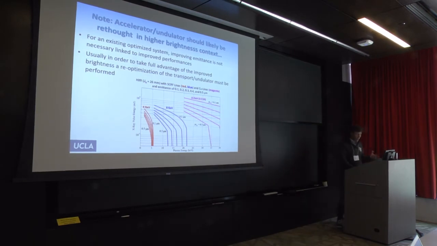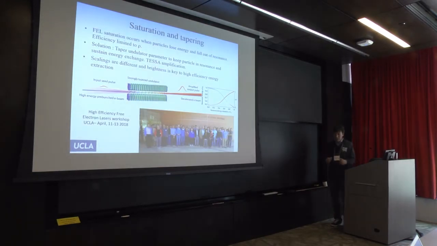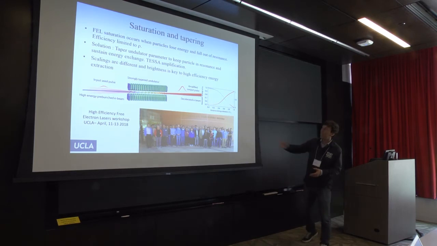So this is for an existing system. I just have 2 slides and then I'm concluding. This is one case in which brightness can actually help for XFEL. Another one is efficiency. We just had a workshop a month and a half or 2 months ago at UCLA discussing high efficiency energy extraction.